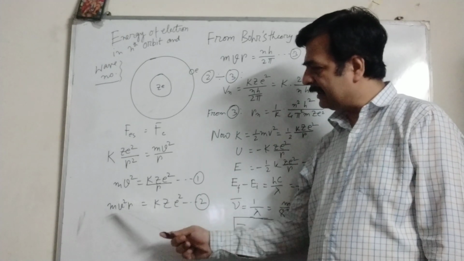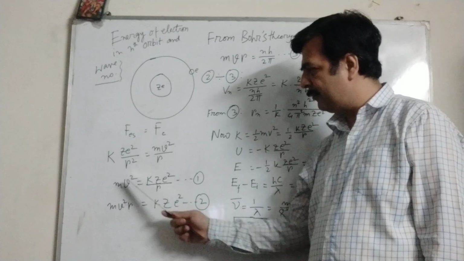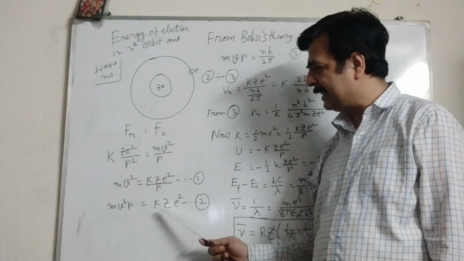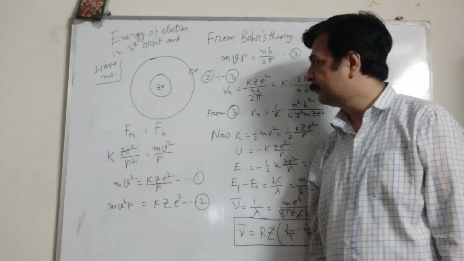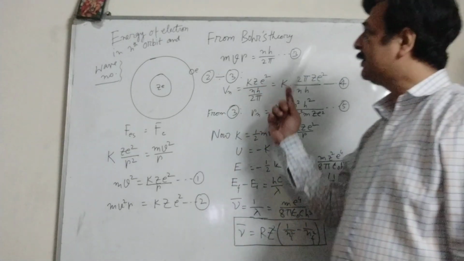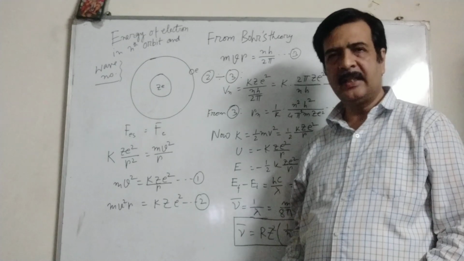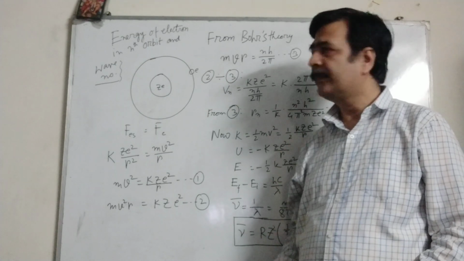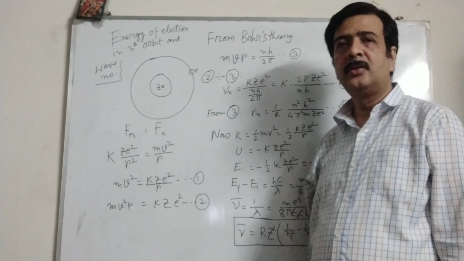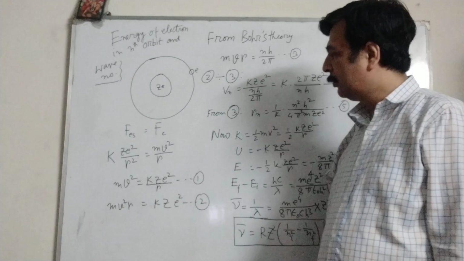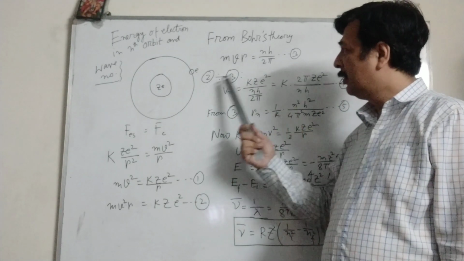From this equation I have made another format: multiplying by r, mv squared r is equal to kZe squared, that is equation number 2. Now from Bohr's theory we know that the angular momentum of the electron, mvr, is equal to nh by 2 pi. That is equation number 3. Now dividing equation number 2 by equation number 3, what do we get?